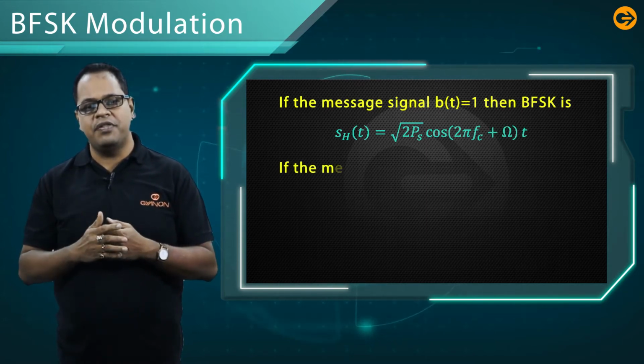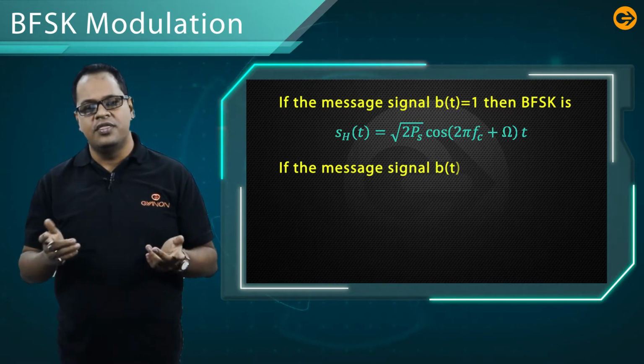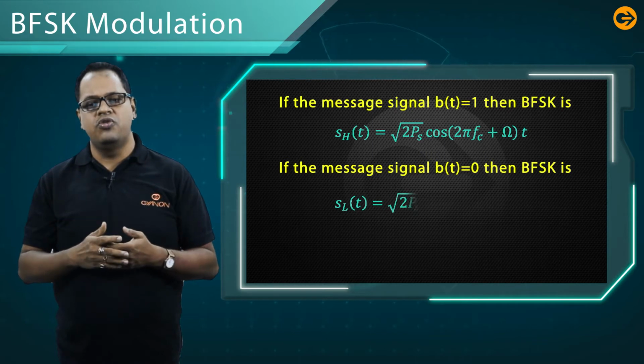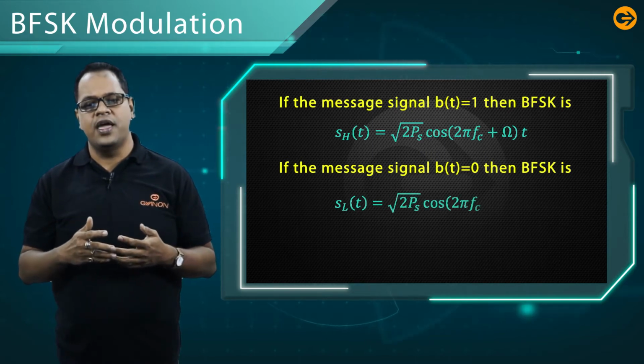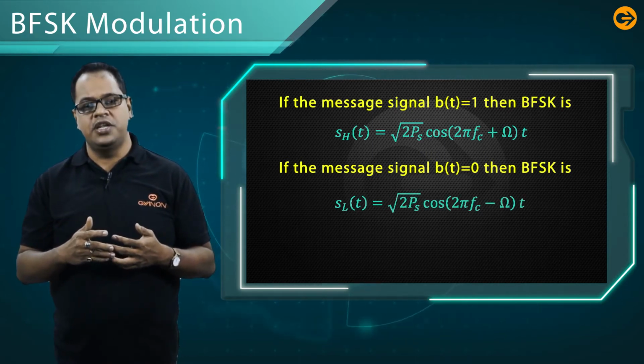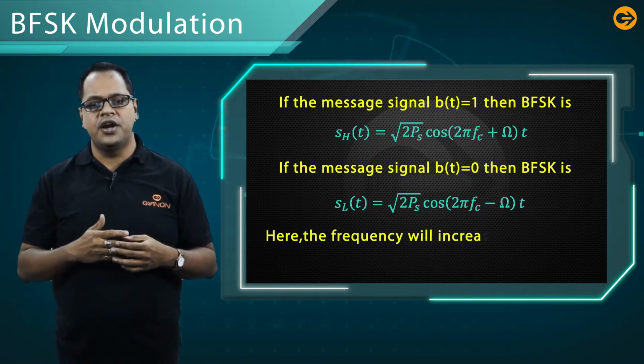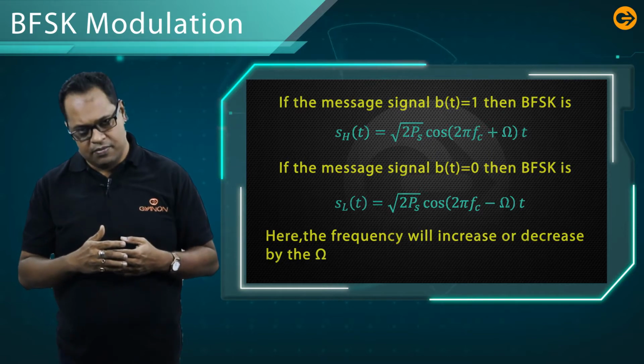And if the message signal b(t) is 0, then BFSK s_L(t) is equal to root Ps cos 2 pi (fc - omega) t. Hence, the frequency will increase or decrease by the omega term.